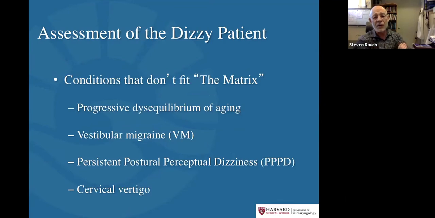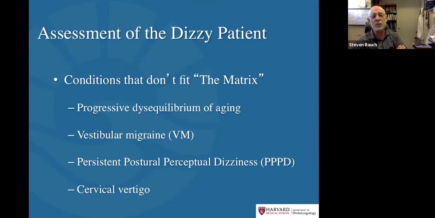Here are the 4 conditions that you need to know. They just have to be in your hip pocket all the time. One of them is progressive disequilibrium of aging. The next is vestibular migraine.